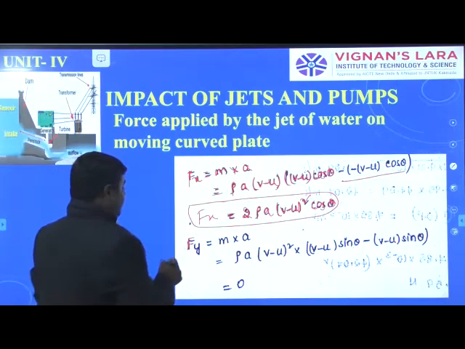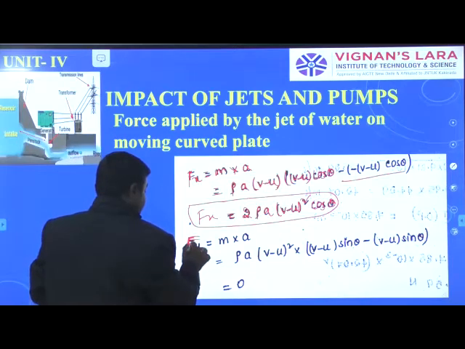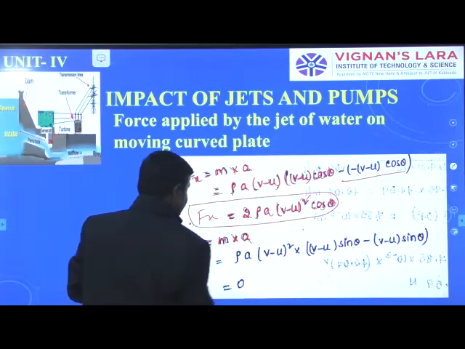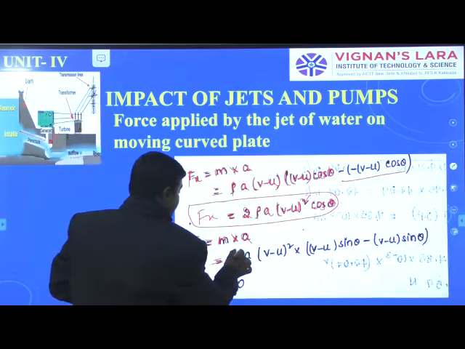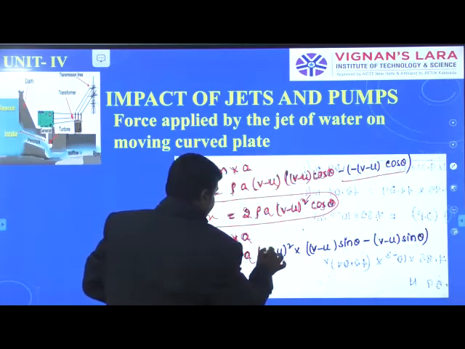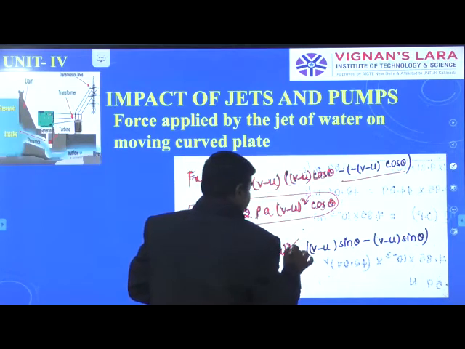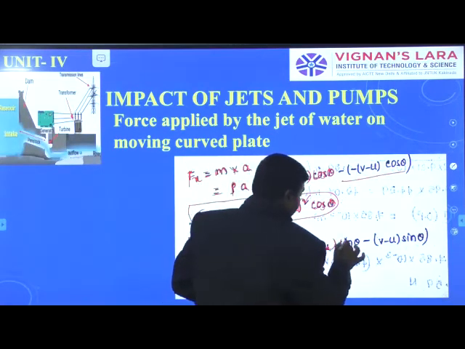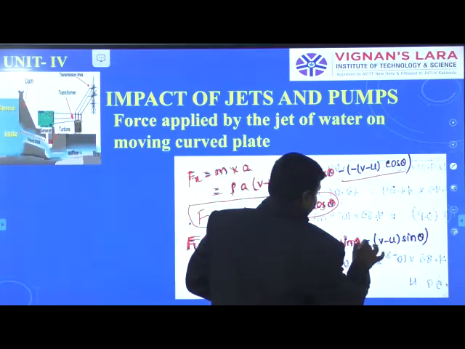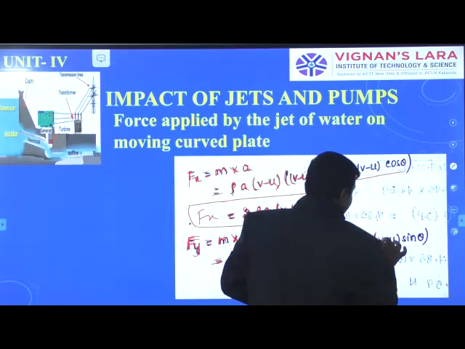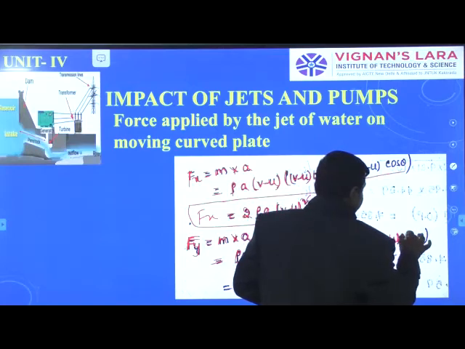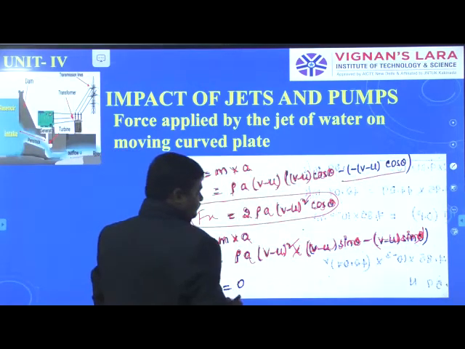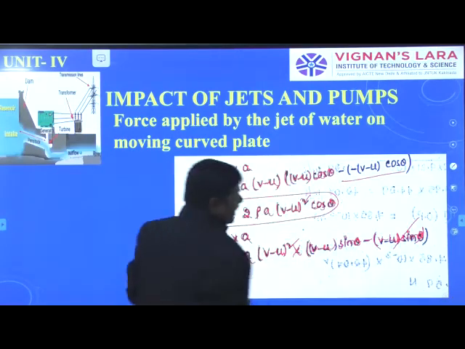Now the y direction, mass into acceleration, that is rho a into v minus u whole square, into v minus u sin theta minus v minus u sin theta.